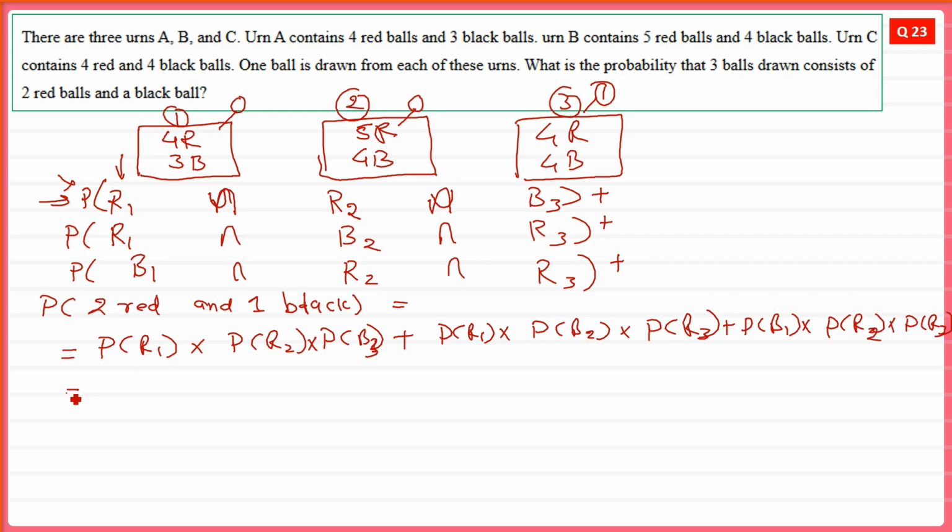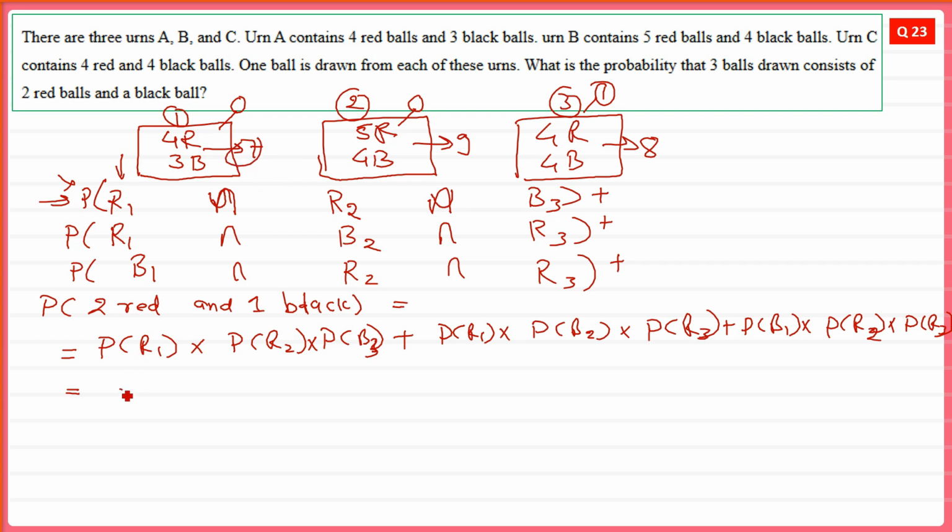Now taking the values and putting them here. The best way is this: you know that there are 7 balls in the first urn, 9 balls in the second urn and 8 balls in the third urn. So wherever you have R1, in the denominator you write 7, because this is the total number of cases and it will remain unchanged.